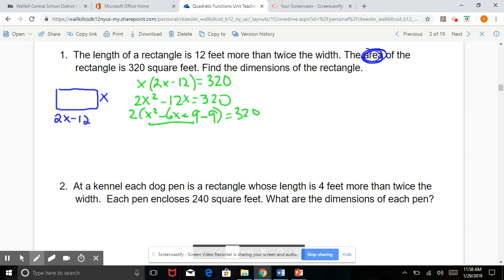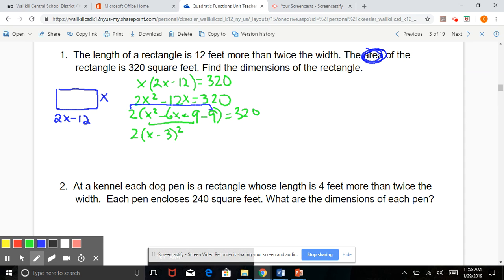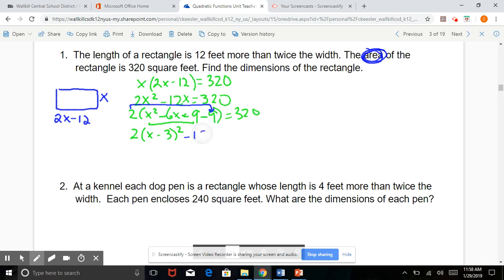The first 3 terms give us our perfect square, so 2 times x minus 3 all squared. Bring the 9 out by multiplying it by 2, so we get minus 18 equals 320. Then we're going to add 18 to both sides, which gives us 2 times x minus 3 all squared equals 338.